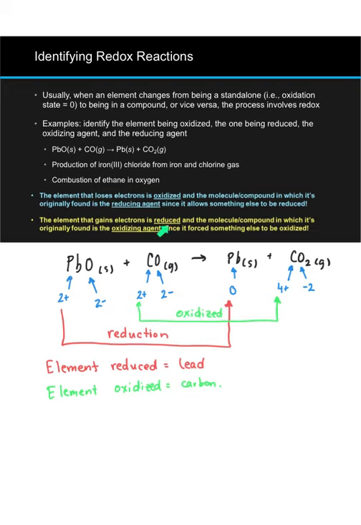And the molecule, compound, or element in which we find the substance reduced is referred to as an oxidizing agent. What we'll say for this reaction is that because the substance PbO as our reactant contains the element reduced, that PbO acts as our oxidizing agent.